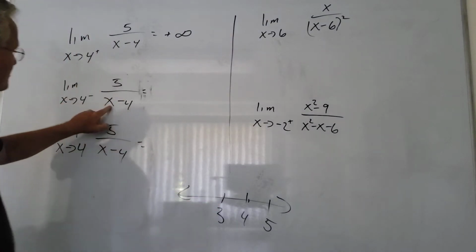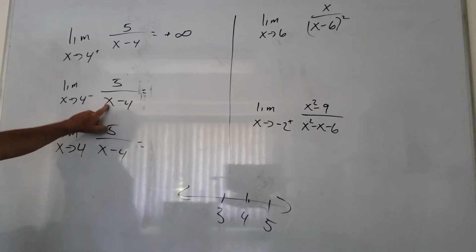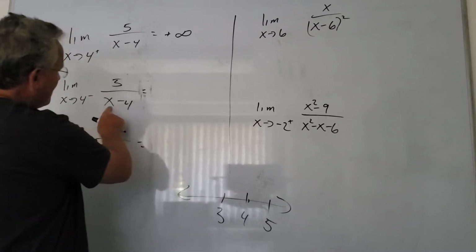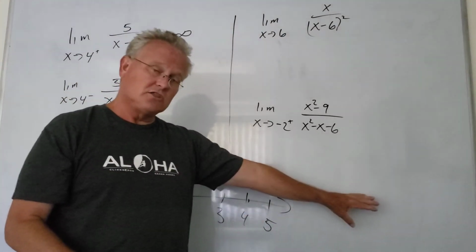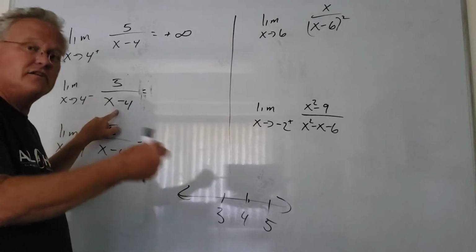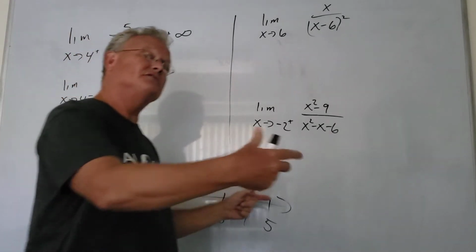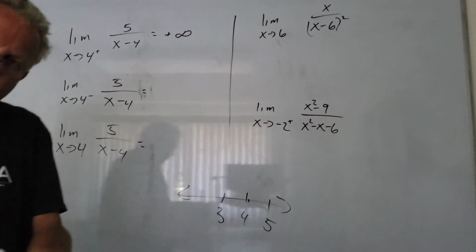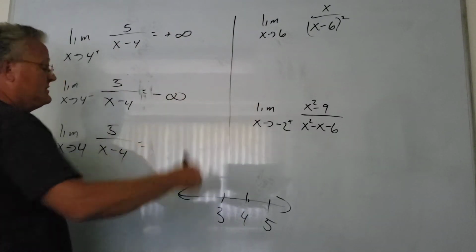When we subtract, it's going to get close to 0, but it's going to be negative because x is always a little smaller than 4, and a number smaller than 4 minus 4 is negative. Negative 0.01, even closer, negative 0.001, negative 0.0001. And 5 divided by a really small negative number shoots off to negative infinity. Just like we did before.